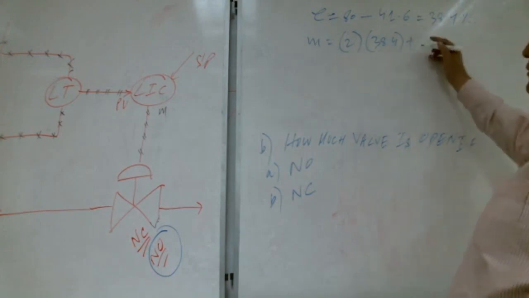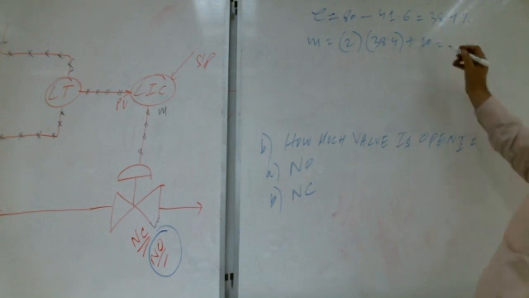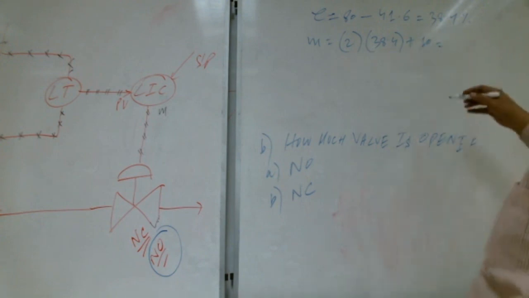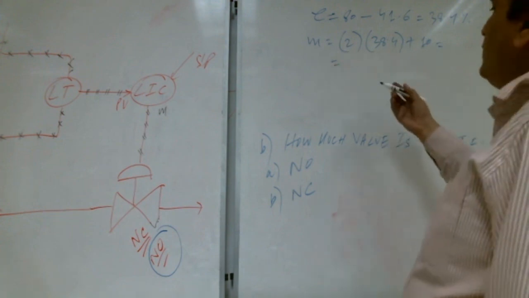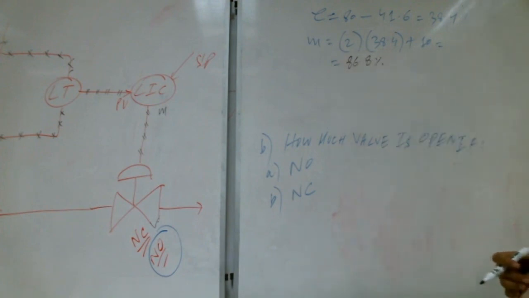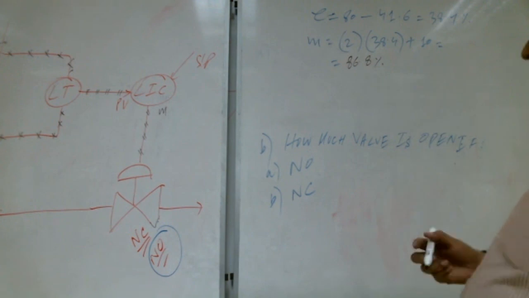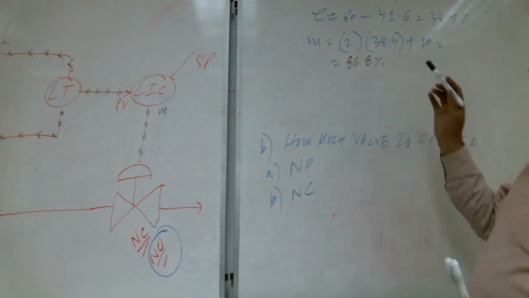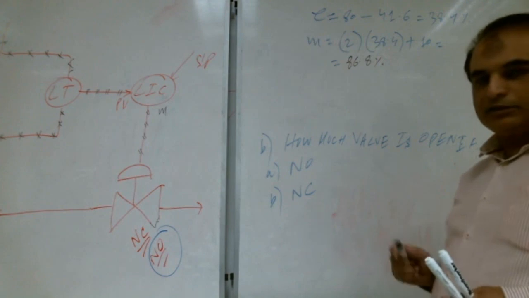How much is MR? 10. So the output is 86.8%. Shabab with me? Yes, Doctor. Everybody verify this number, Shabab. I verified it. Right, it is good.